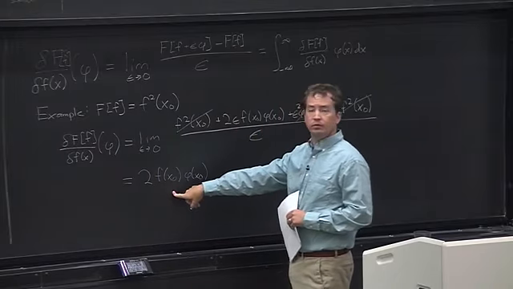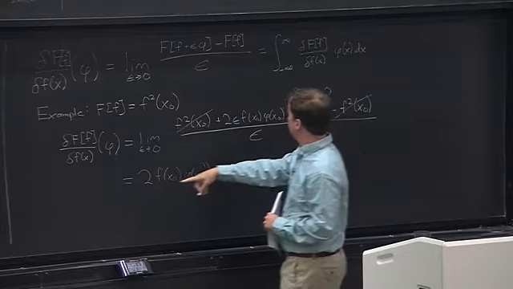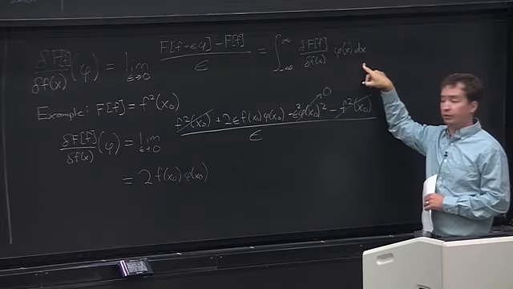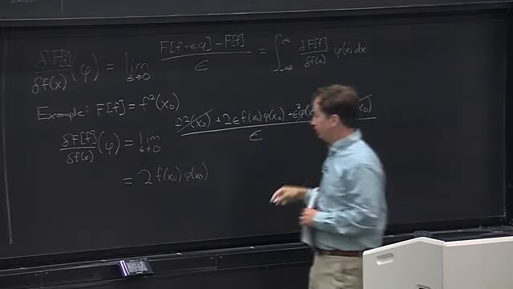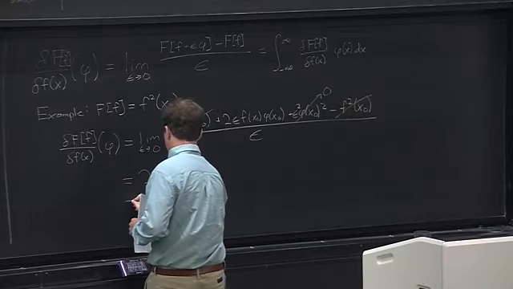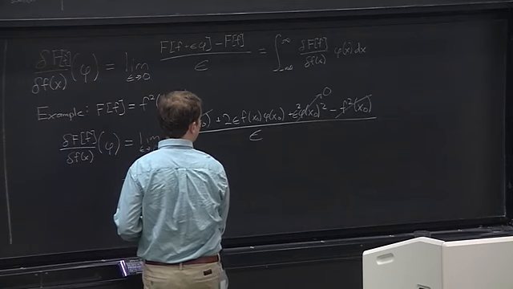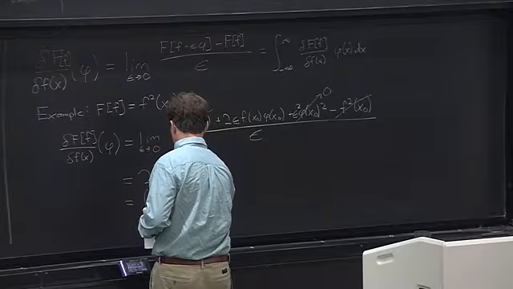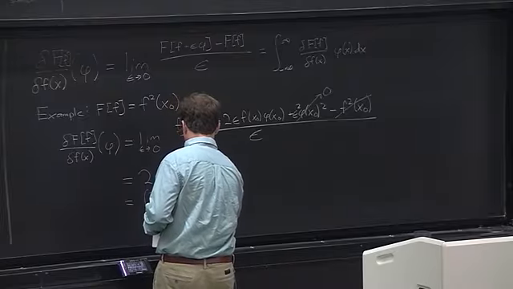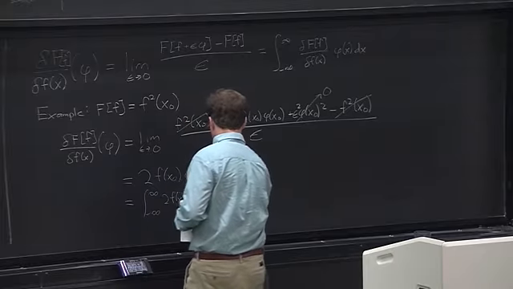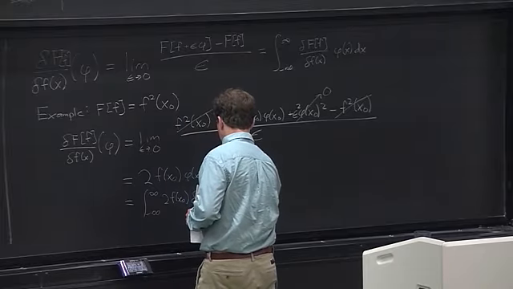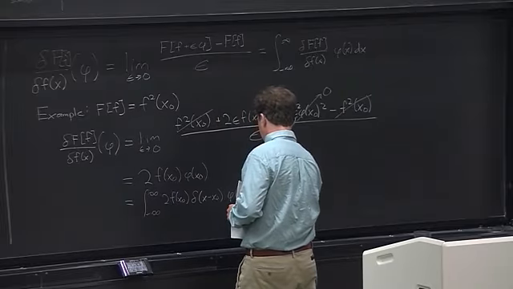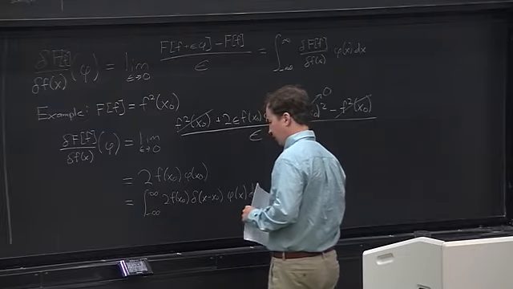So that's the result, but we need to put it into this form in order to be able to read off the functional derivative. And we can do that by putting in a Dirac delta. So we can write this as the integral of 2 f of x naught times delta of x minus x naught, phi of x dx.